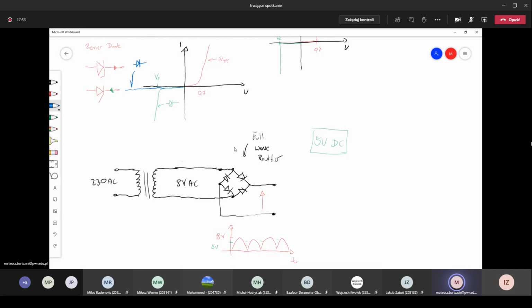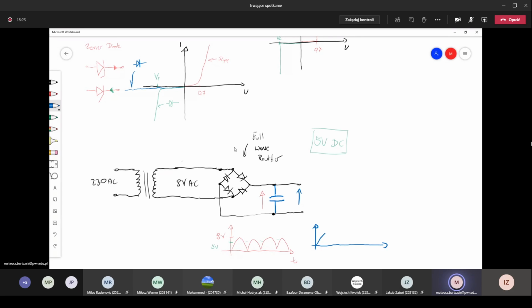So when we put the capacitor here, we will fill those gaps with the capacitor. So now the output will look like that.